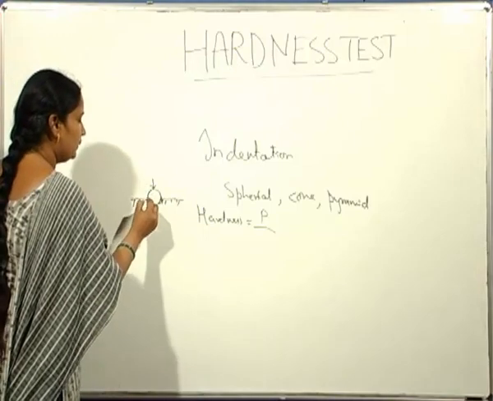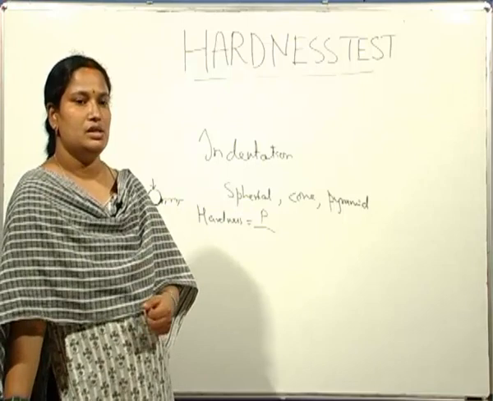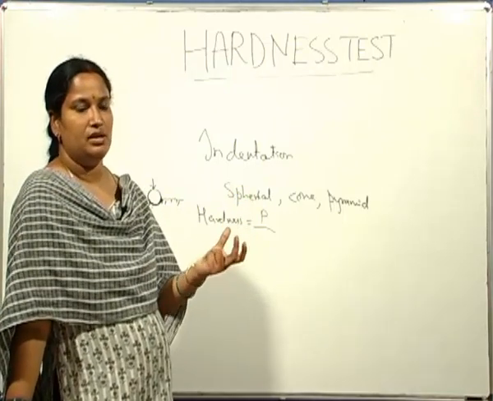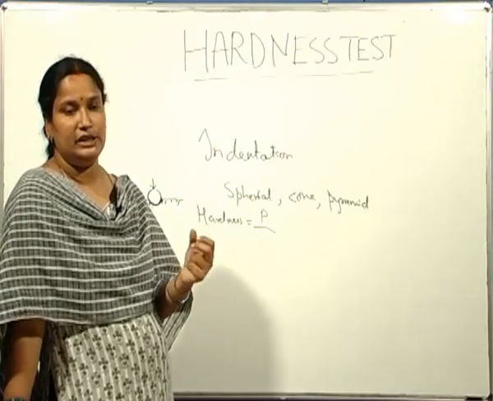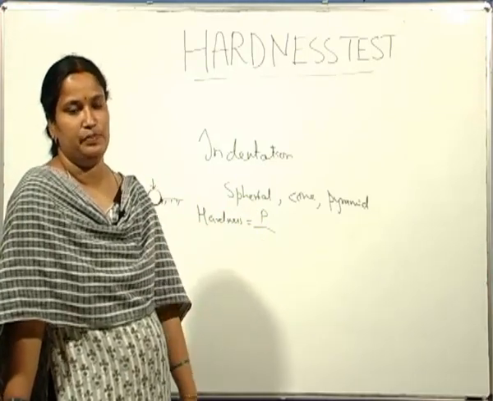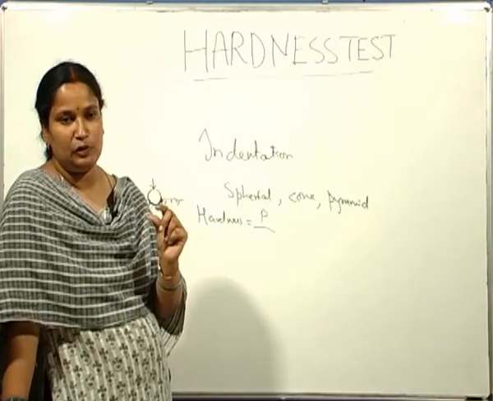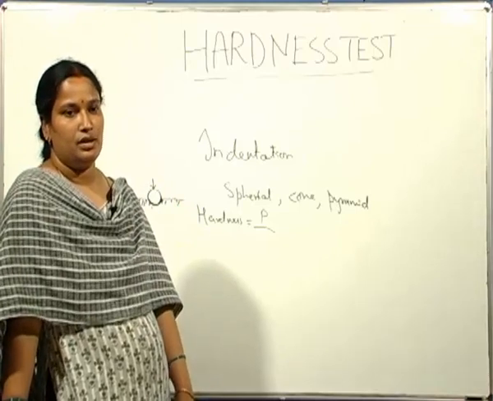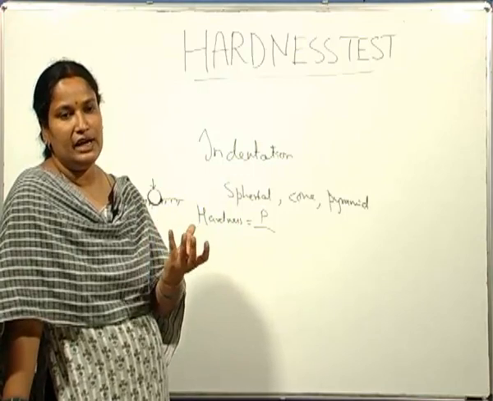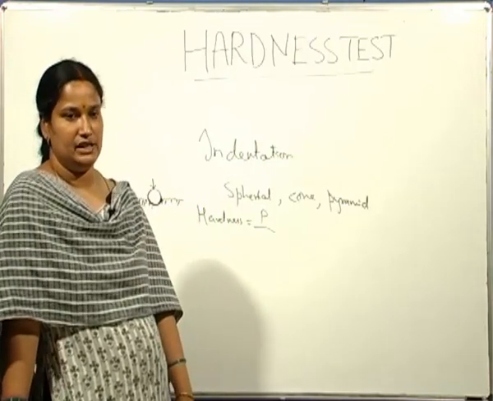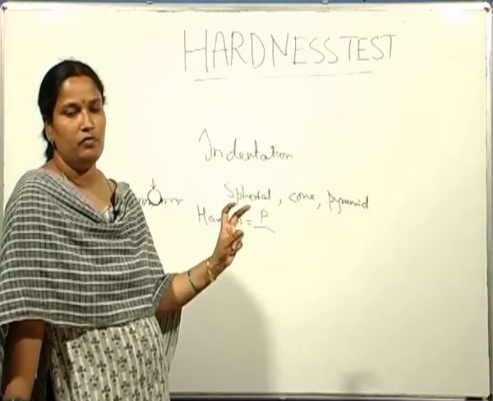Some hardness tests determine the area of indentation, and some determine the depth of indentation. The Rockwell hardness test measures the depth of indentation, whereas Brinell and Vickers determine the surface area of the indentation. So this is the basic principle of indentation type of hardness.